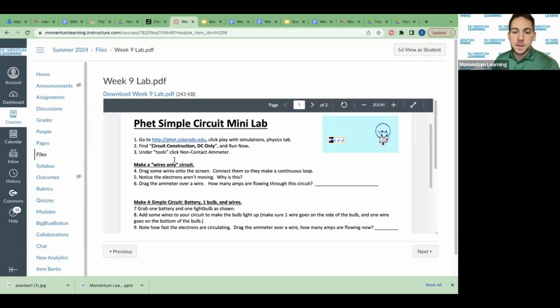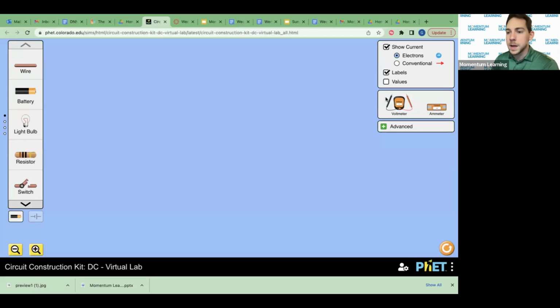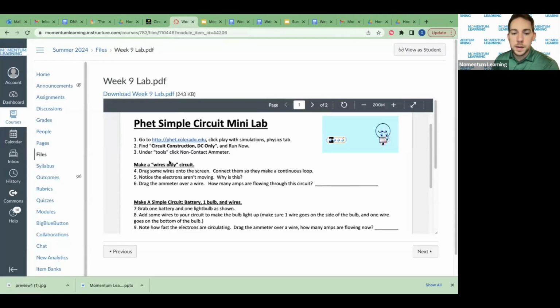For this first problem, there's a couple of things we need to change. It says non-contact ammeter. Then it says make a wires only circuit.